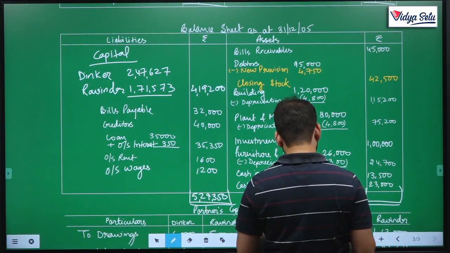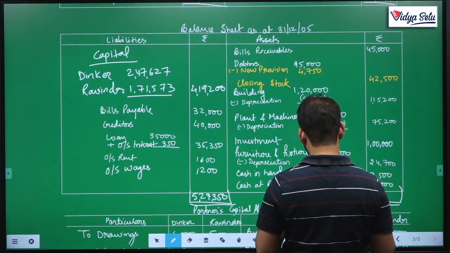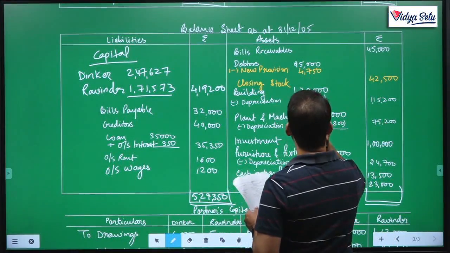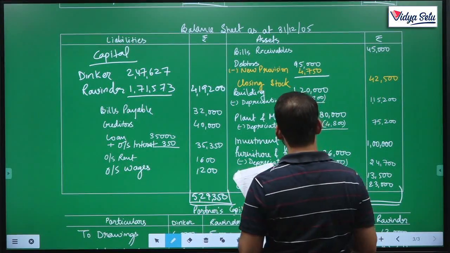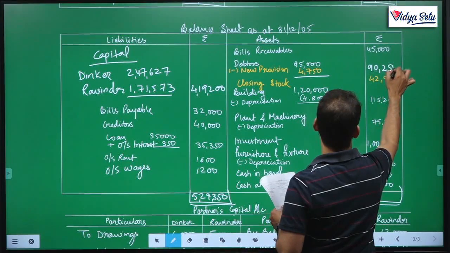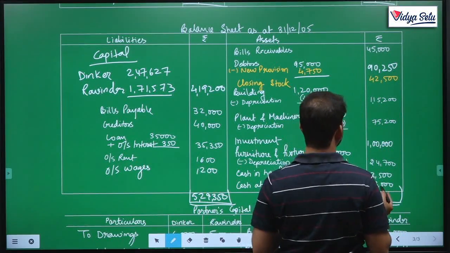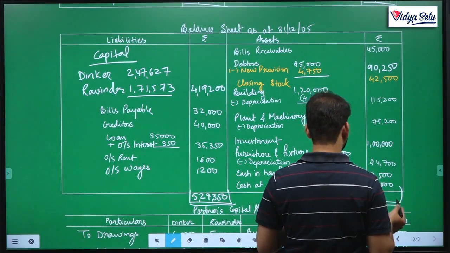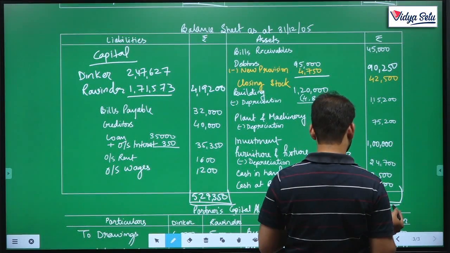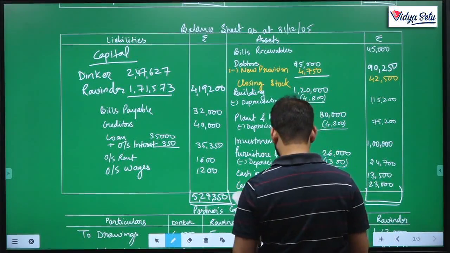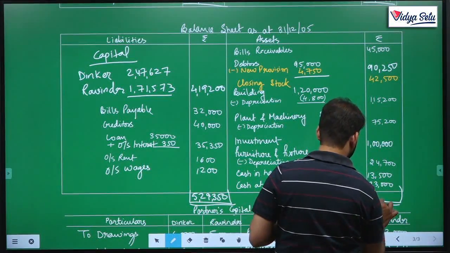The asset side total is 45,900. Then we have debtors, we have still not done. It comes to 90,250. Then 115200, 75,200. 1 lakh is there, 24,700 is there, 13,500 is there, 23,000 is there, 42,500. So, yeah, our balance sheet tallies at 529350.